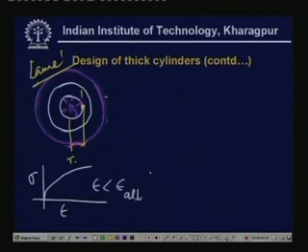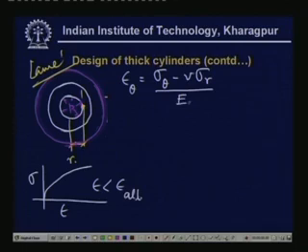So, this is the failure criterion which is used in Bernoulli's equations. Now, what is epsilon? That is the maximum strain, and this is equal to definitely epsilon theta, and you can verify that.